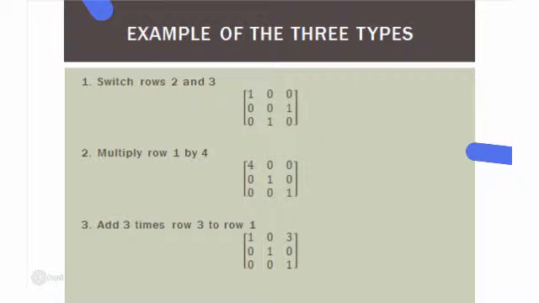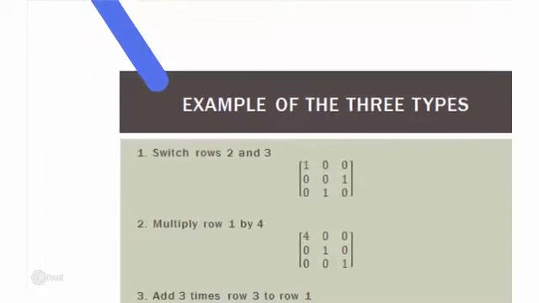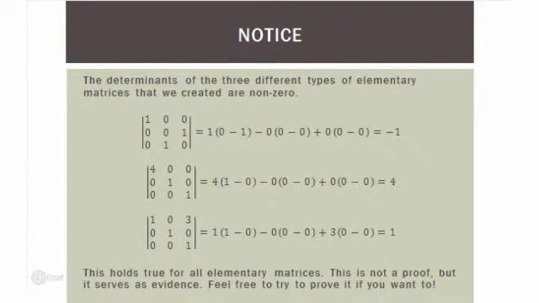You put a 3 in the third column of the first row of the multiplicative identity, and that will do that for you. But notice, the determinants of the 3 different types of elementary matrices that we created are non-zero.